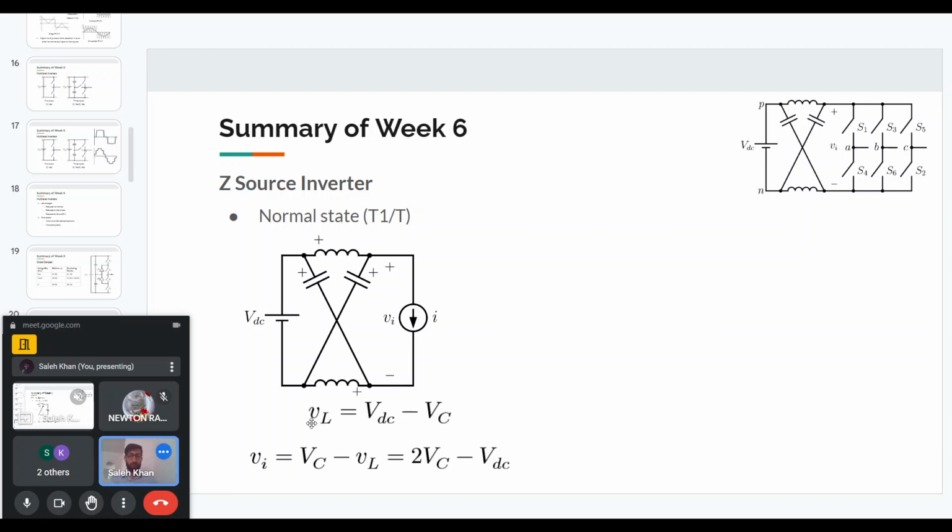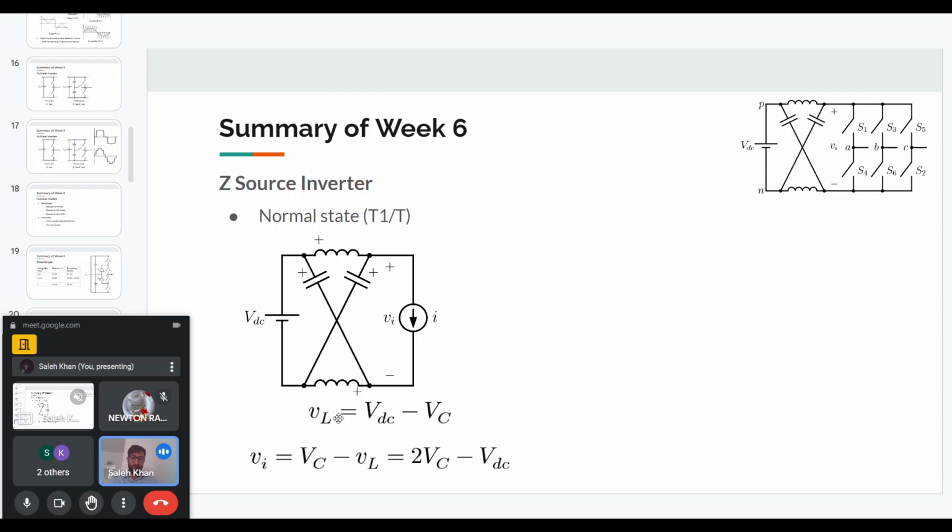So if we try to find out VL, which is the voltage across the inductor, we will see from a KVL equation that it is VDC minus VC. And if we want to find VI, which is basically the voltage at the input of the three half bridges, we can see that it is VC minus VL.